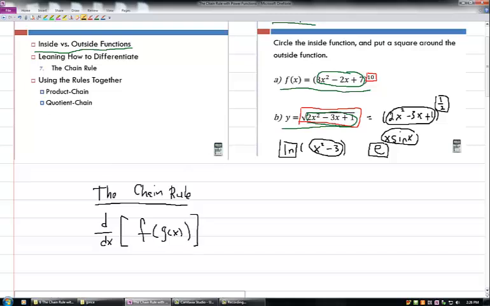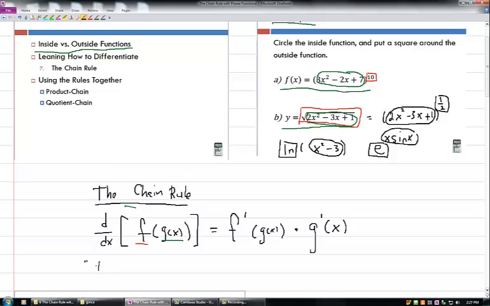If I was going to identify the inside and outside function for you here, the inside function I'll just underline in green. So g of x is obviously the inside function, and then the outside function is what's left over, just this f. And so the chain rule says, take the derivative of the outside, so f prime of g of x, and then times the derivative of the inside, g prime of x.